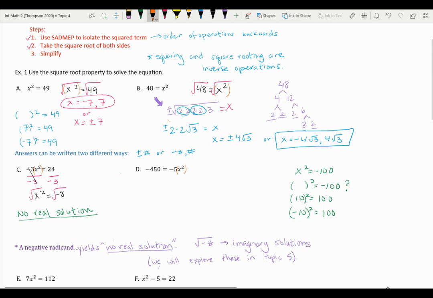So D, negative 450 is equal to negative 5x squared. How do I move the negative 5? This is negative 5x squared. What's the operation between the negative 5 and the x squared? It's multiplication. So to move it, I need to divide. So this leaves me with x squared is equal to negative 450 divided by negative 5 is positive 90.